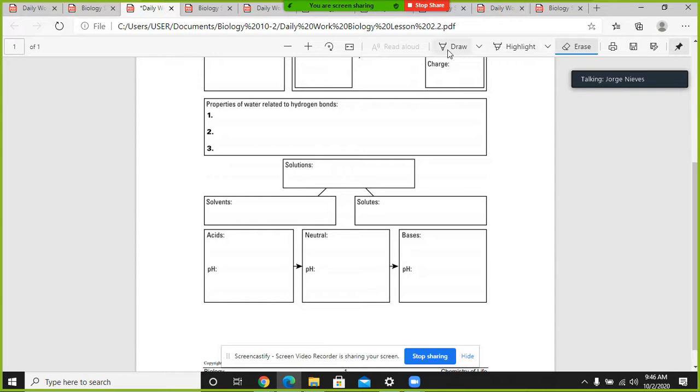El pH de este caso, ¿verdad? Is between 1 and 6. It released a high concentration of hydrogen ions.